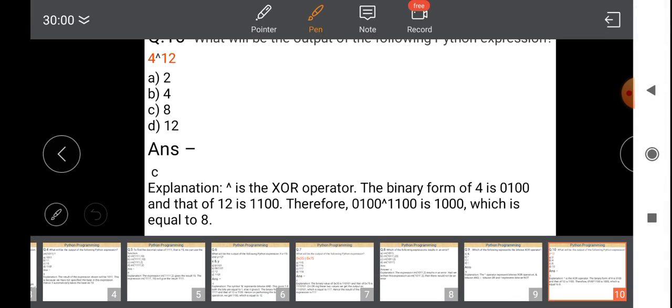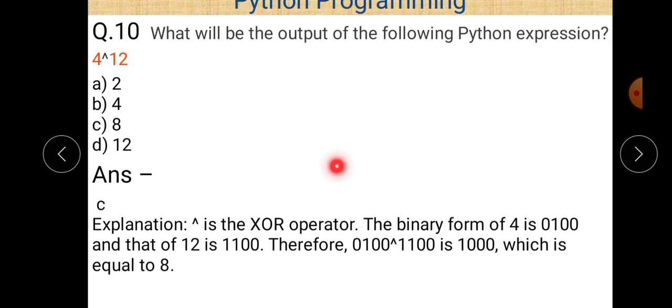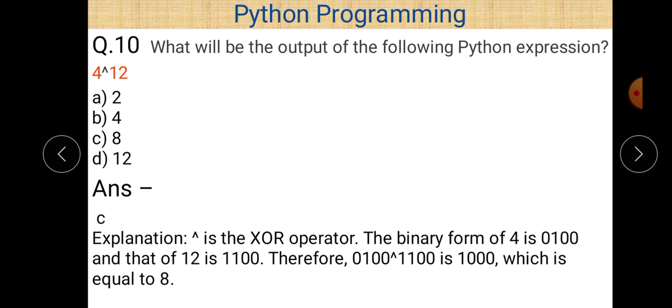Now the next question is basically numerical, based on XOR. 4 and 12, two numbers are there, and between these two numbers the sign of XOR is there. So first of all we have to convert 4 and 12 into binary form. I think all of you know how to convert a decimal number into a binary number.